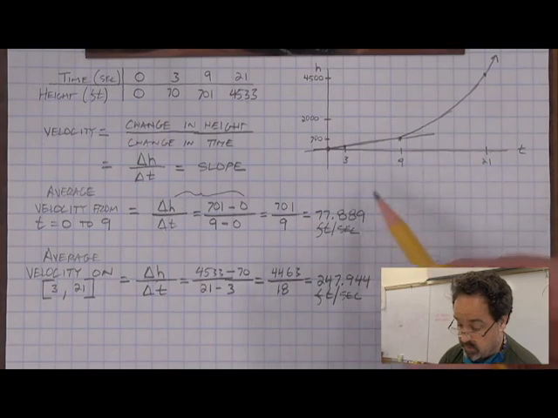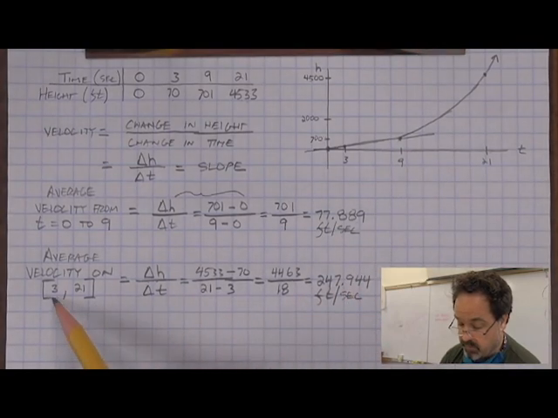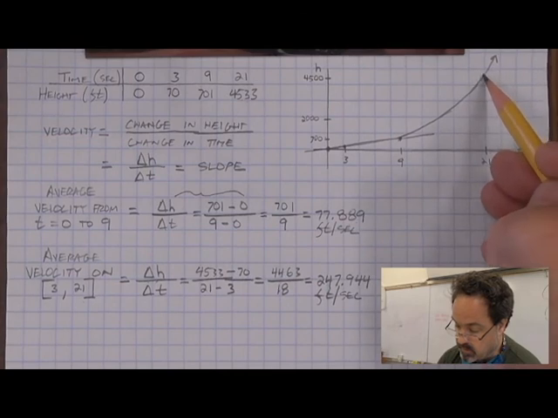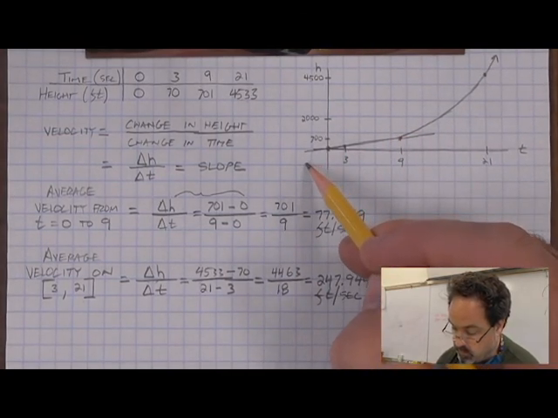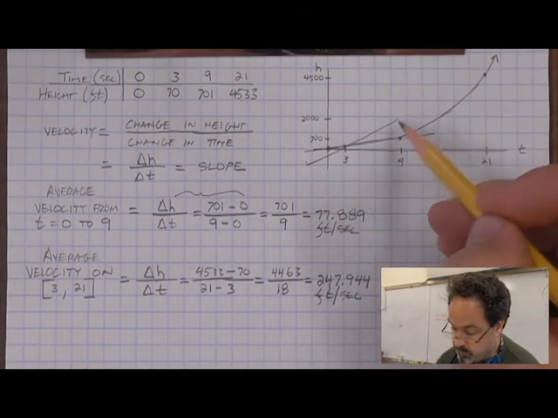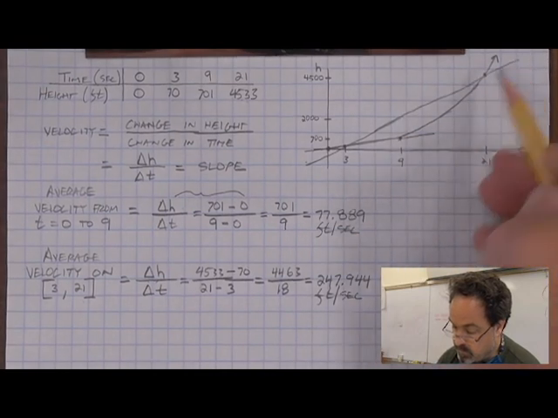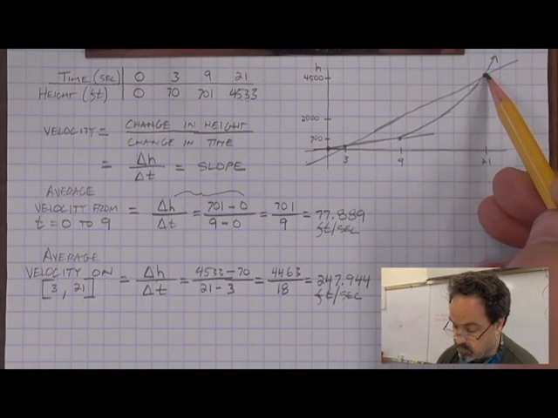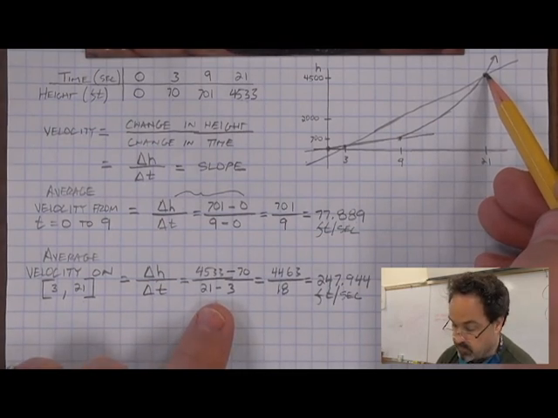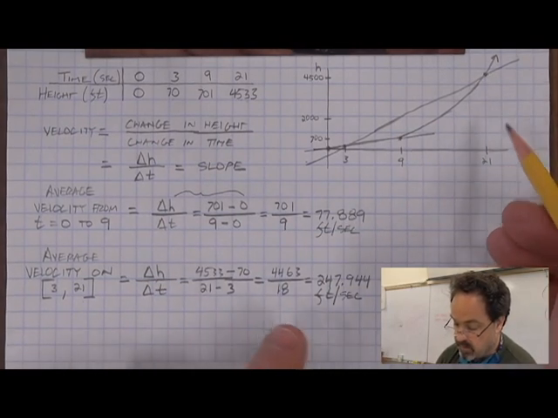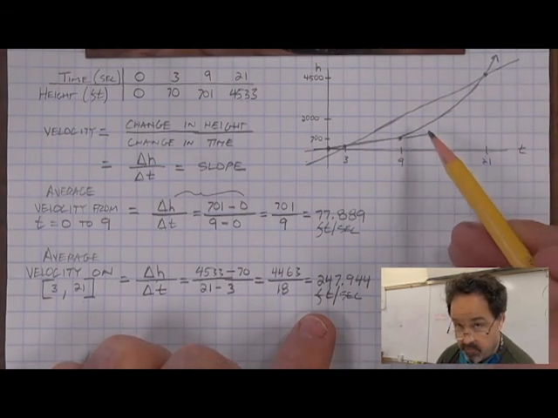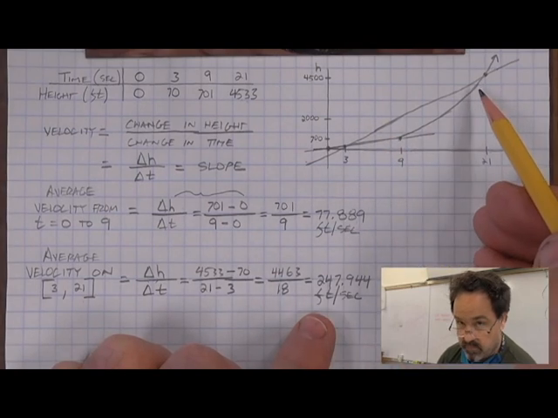In this case, it's the slope of the line between 3 and 21. If we drew a line that connected the 2 points that we used, the line that connects this location and this location, then the slope of this line is the velocity of the rocket on average between those 2 points.